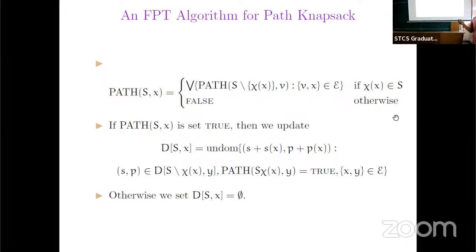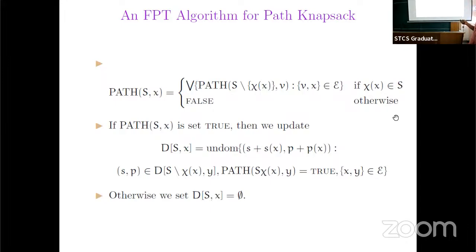Because if there is a colorful path ending at a neighbor of X which uses all colors of S except the color of X, I can extend that path to X using the colors of S. So if for any neighbor of X I have such a path, then I can extend it. So it is a big OR of these things. Otherwise, it is false.